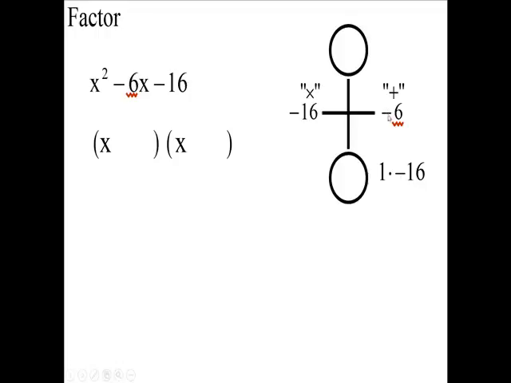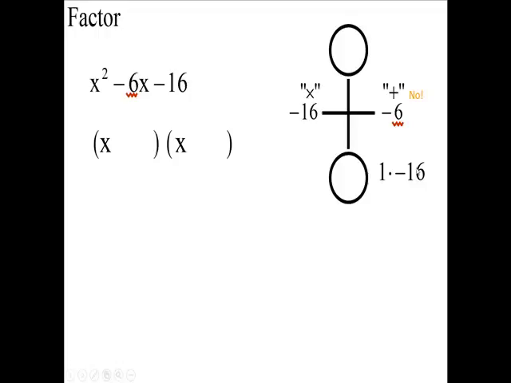Because I want to end up with a negative sum, you're not going to put the negative on the 1. It's going to be on the negative 16. When you add the numbers up, the larger one must be negative. Now, if you add these, you get minus 15, don't you? So this is a no. We don't want to use these two. We don't get negative 6.